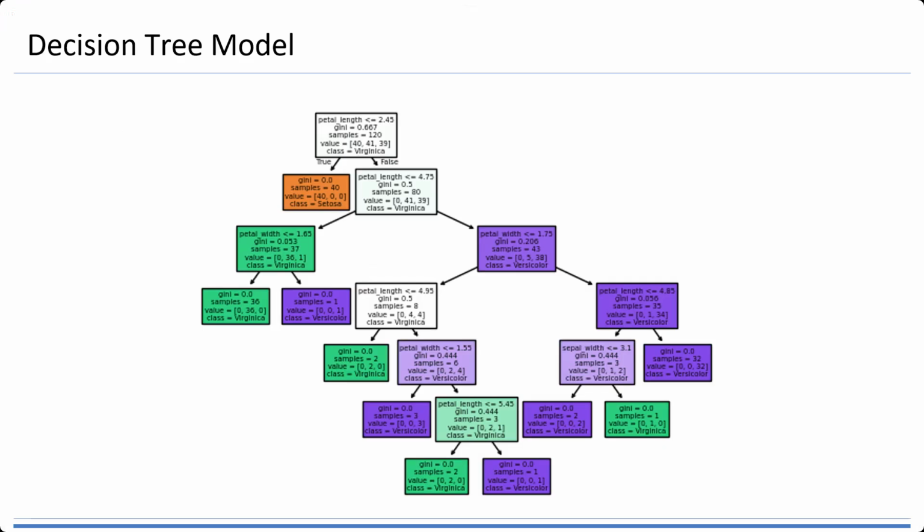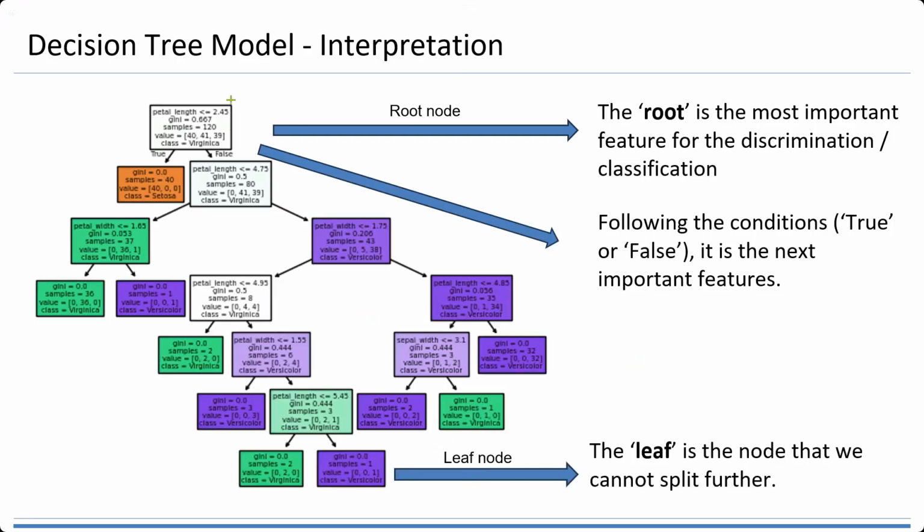Okay. We are going to look at the details of how to interpret this decision tree model. We call the top the root node, and the bottom the leaf node. The root is the most important feature for the discrimination or classification.